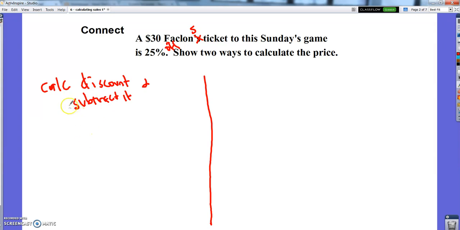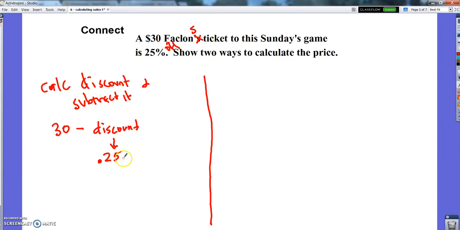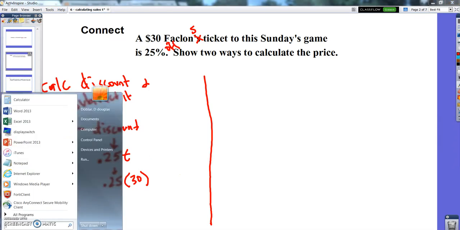So I would have said, okay, well, I'm going to take $30 minus the discount. And the discount is 25% off. So I would calculate 25% of the price of the ticket, which would be 25% of $30, and calculate what that is.